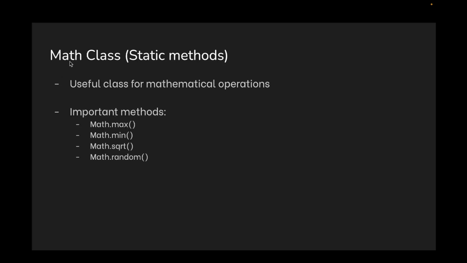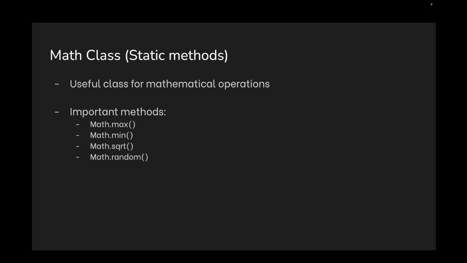Alright, so yeah, Math class, all of these are static methods. These are useful classes for mathematical calculations and operations. So if you wanted to find the maximum of two numbers, you could say Math.max, and then as parameters you would pass in a and b, and a and b would be two numbers.